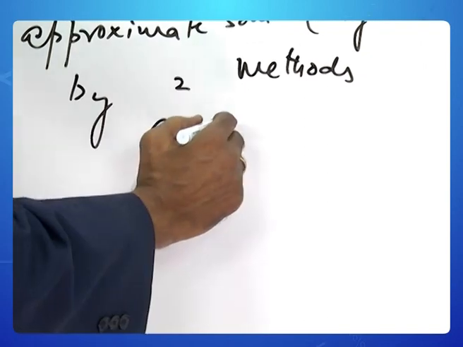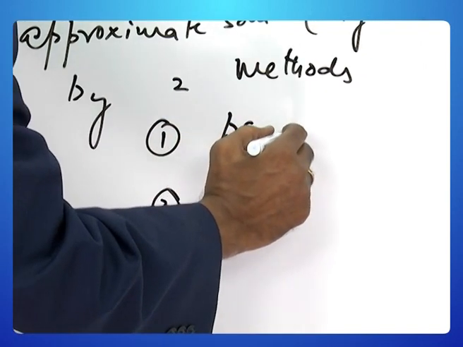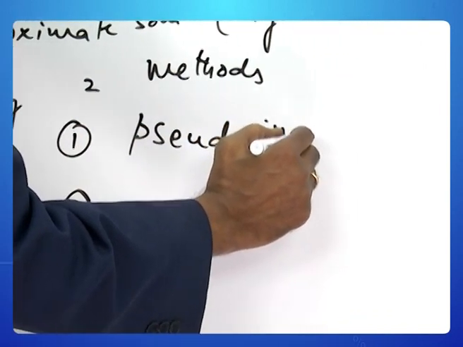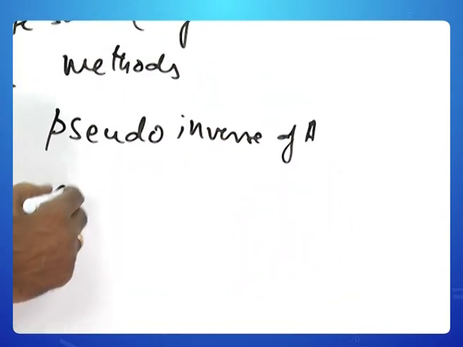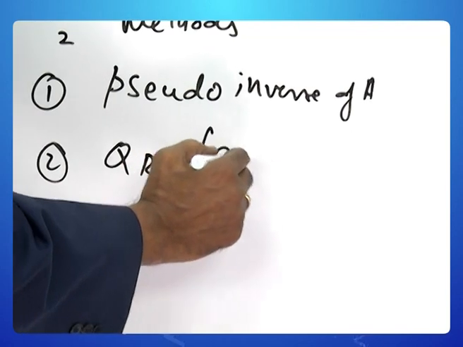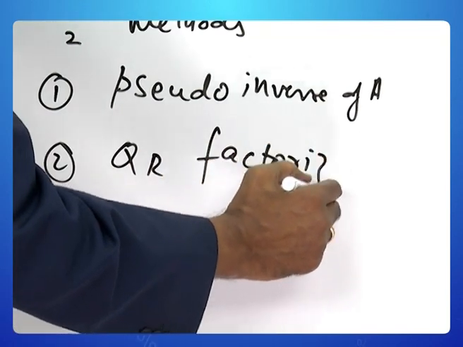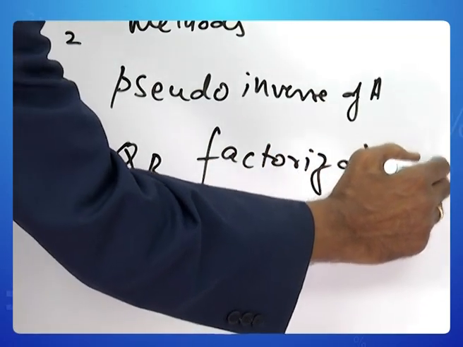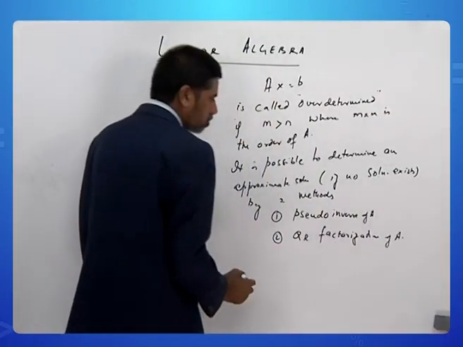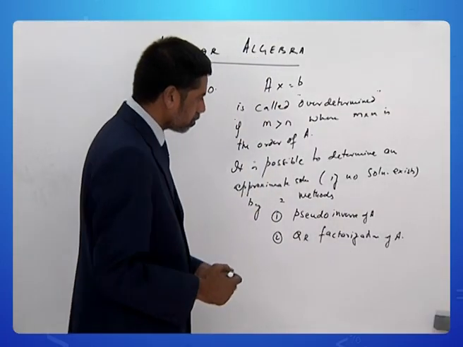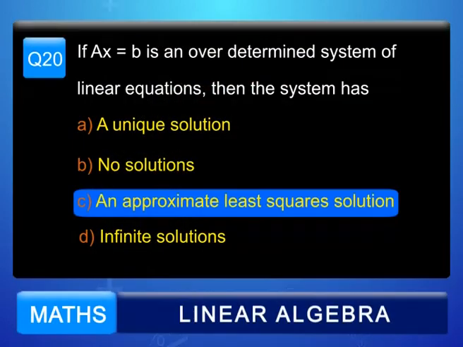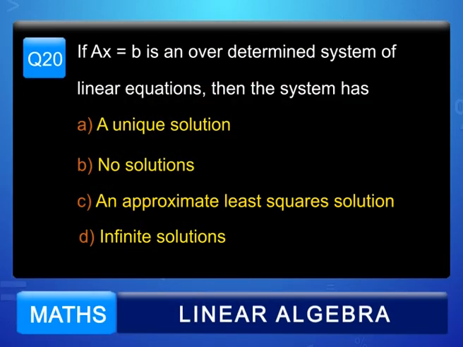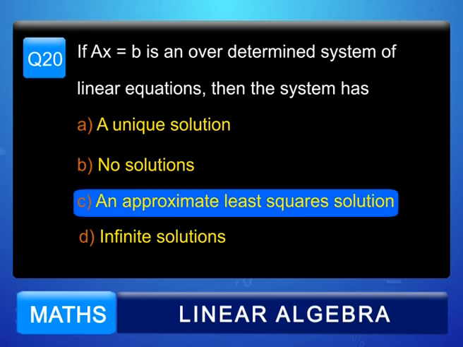One is by using the pseudo inverse of A, and one by using QR factorization of A. So wherever no solution exists, you can force an approximate solution to the system by any one of these two methods. So you can find that option C is available, which can be used.